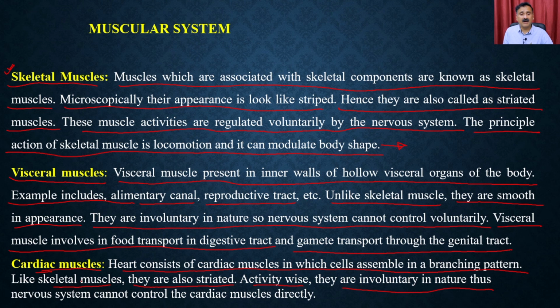This means the cardiac muscles are a hybrid of the skeletal muscle and the visceral muscle, except that there are some specialized features associated with them. The feature associated with the visceral muscles is that they are involuntary in nature, and the feature associated with the skeletal muscle is that they are striped in nature.